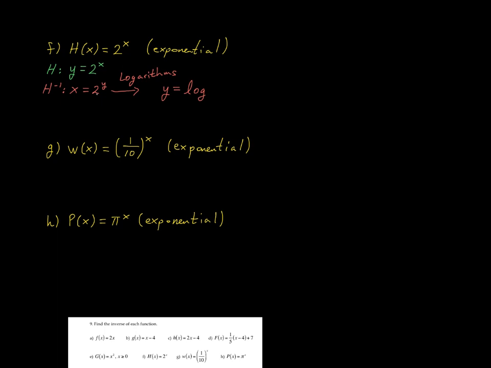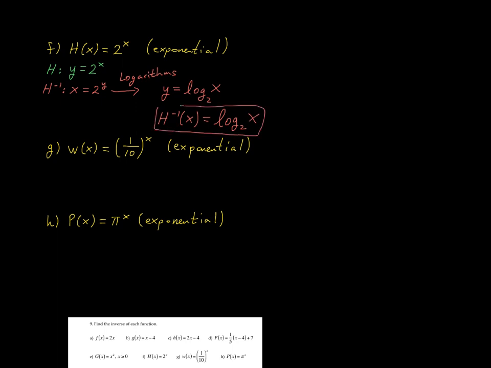And now the base of the exponential here is 2. And so what we call the base of the logarithm is also 2, and we write that as a little subscript of x. Okay, so to solve this equation for y, in other words, to get the y out of the exponent position, we have to use what's called a logarithm. And we can write the final answer there in function notation, and that would be h inverse of x would be log base 2 of x.